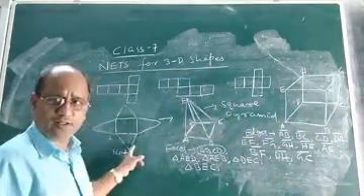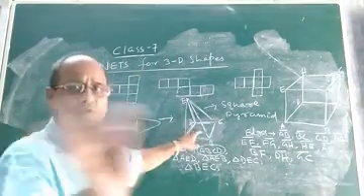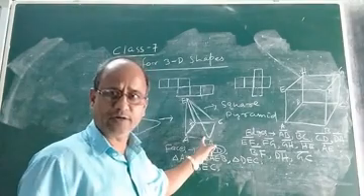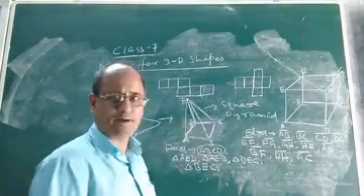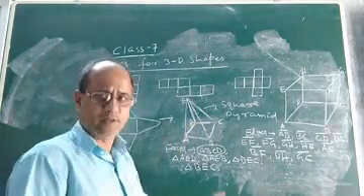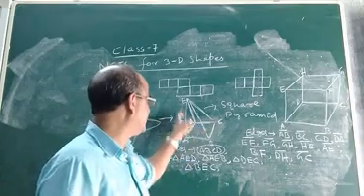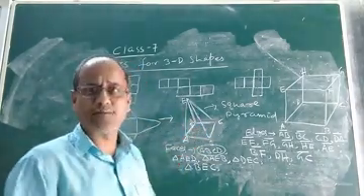Like if you fold this particular net, you will get this square pyramid only. It is also a solid, having 5 faces and 5 vertices, A, B, C, D and E. And you can easily count the edges: A, B, B, C, C, D. Count all the edges and find out how many edges a square pyramid has.